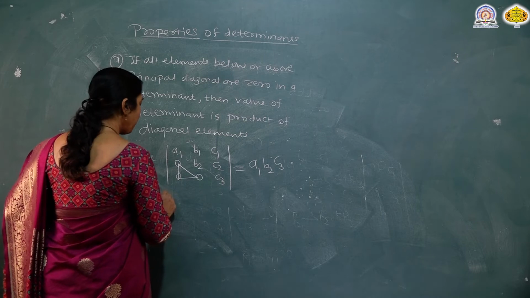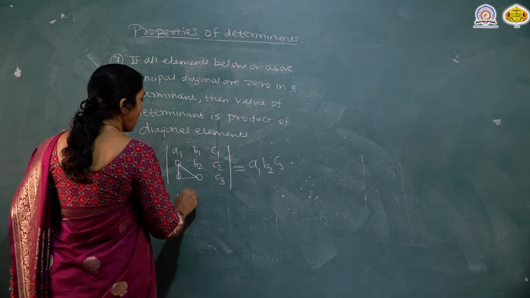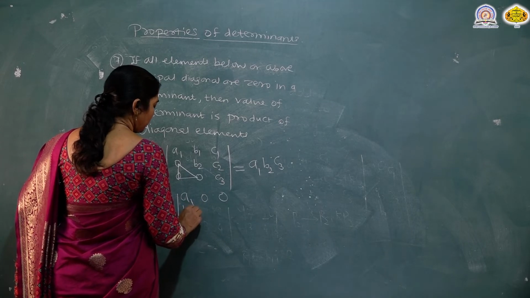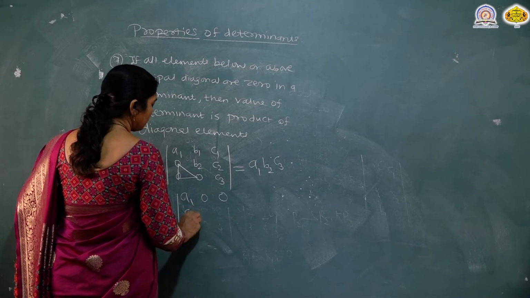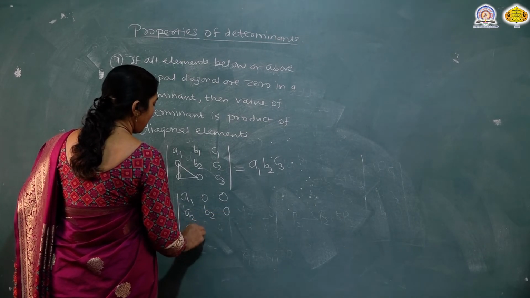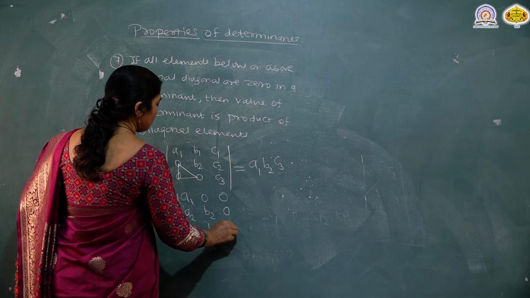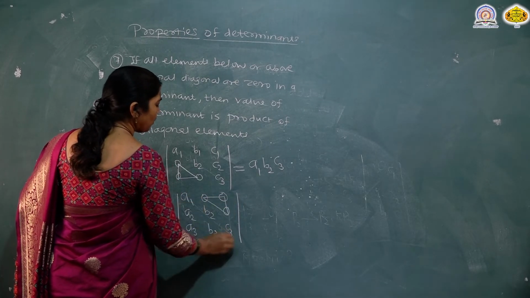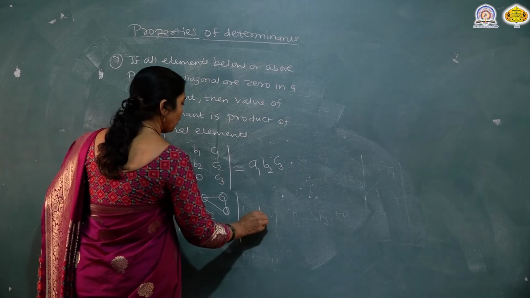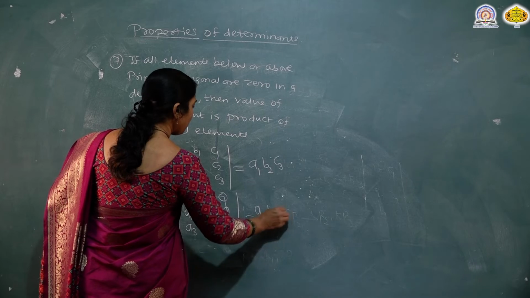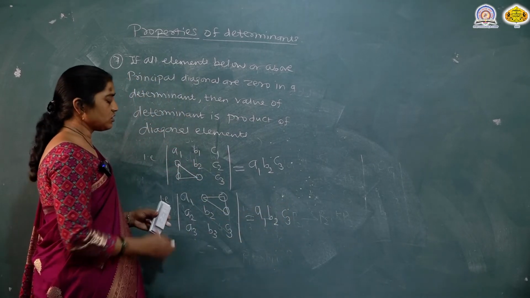Even though if you consider a1 0 0, a2 b2 0 and a3 b3 c3, observe that above the principal diagonal value is 0, even then the value of the determinant is product of diagonal elements, that is a1 b2 c3.